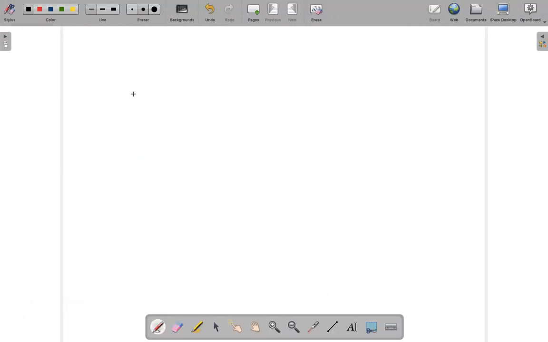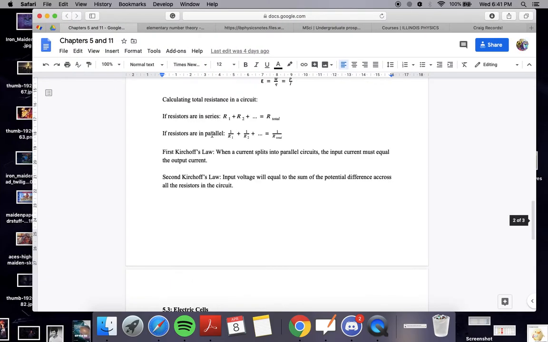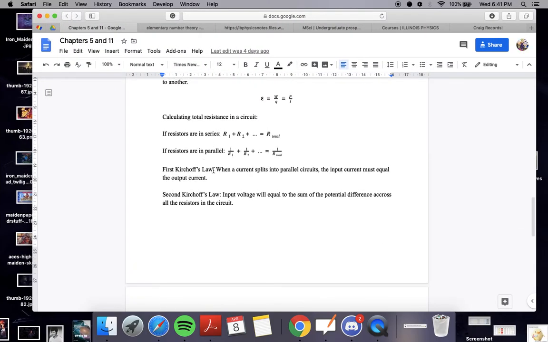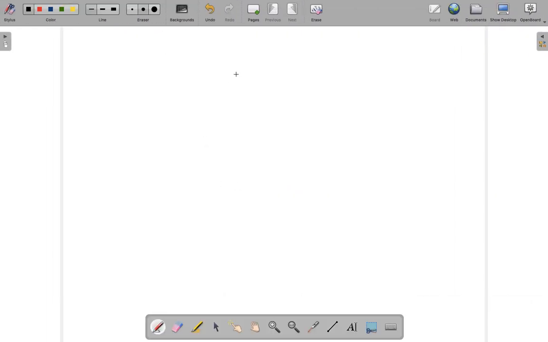So you have two Kirchhoff's laws, Kirchhoff's first law and Kirchhoff's second law. Kirchhoff's first law states that when a current splits into parallel circuits, the input current must equal the output current. What this means is that if you have a circuit like this, I'll just quickly draw a resistor.